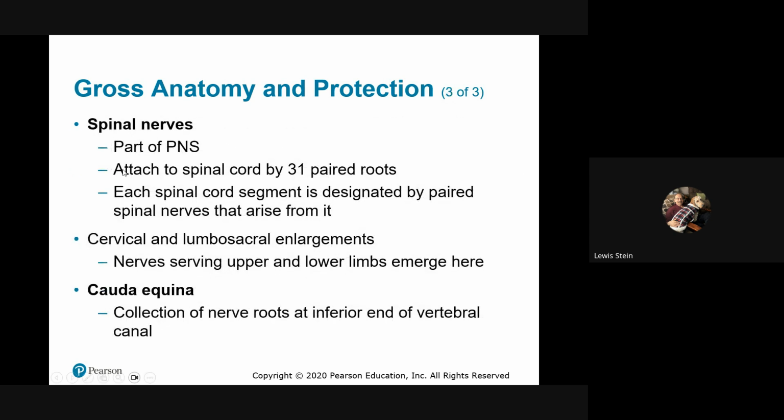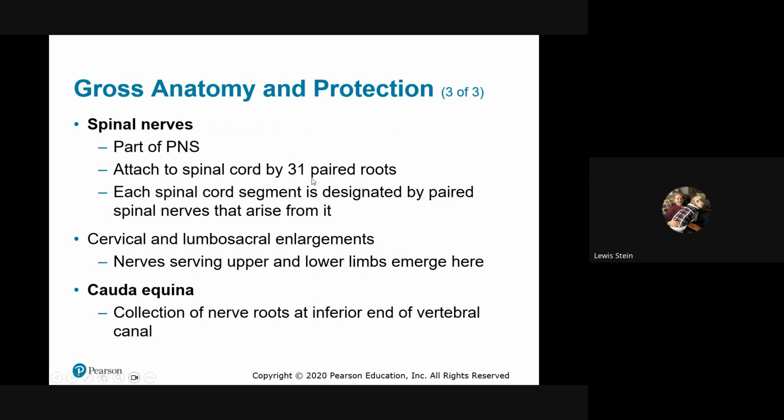And then when we get past that, it's a little different because the spinal nerves are not identical to the bones. I mean, it was fairly easy: 7 cervical, 12 thoracic, 5 lumbar, sacrum, coccyx. Different here. The spinal nerves are technically part of the peripheral nervous system. There are 31 pairs.